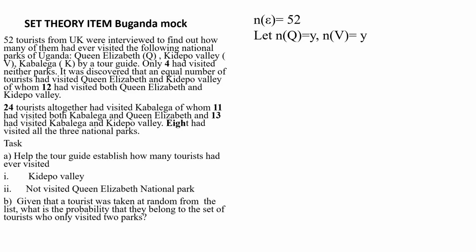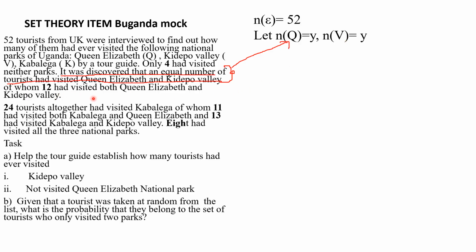So we highlight and underline this statement, because they are saying that the number of those who had visited Queen Elizabeth and Kidepo Valley was the same.